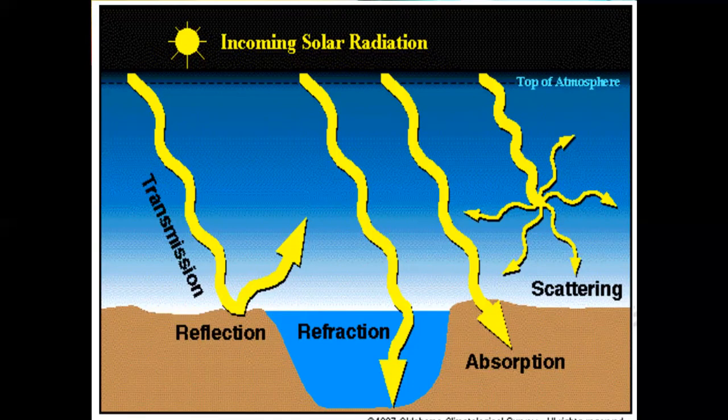And the forest albedo is 5 to 10%. Water, with the sun near the horizon, 50 to 80%. Water with the sun near the zenith is 3 to 5%. Thick clouds, 70 to 80%. Thin cloud, 25 to 50%. And the Earth as well as the atmosphere, 35%.